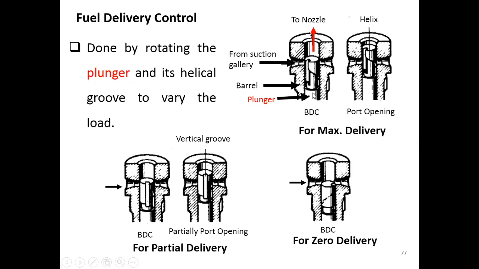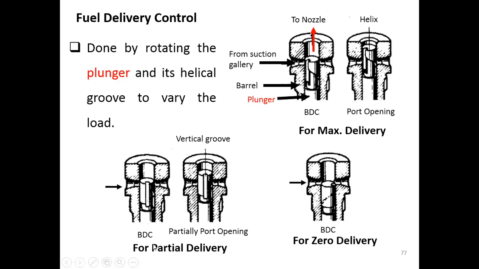So I give you three groups of pictures that show how it can partially deliver fuel, how it can provide the maximum delivery of fuel, and zero delivery of fuel.